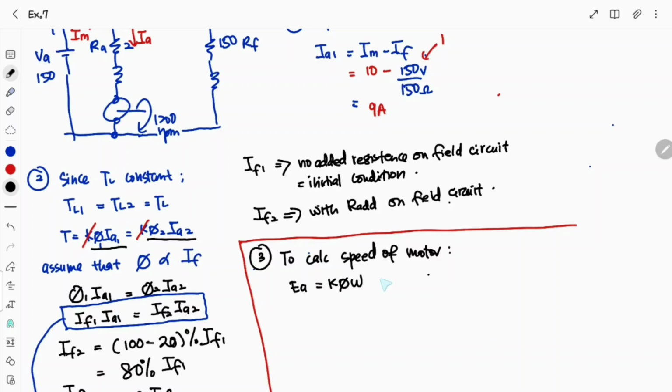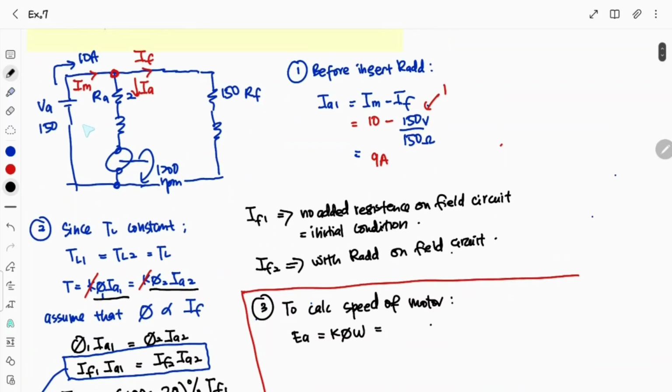We also can use KVL, Kirchhoff voltage law, for this EA. This one is your EA, positive negative, your RA positive negative, your VA positive negative. So this is your loop. From this loop you can write down the equation which involves V and IA1: V minus IA1 RA, where V is VA.